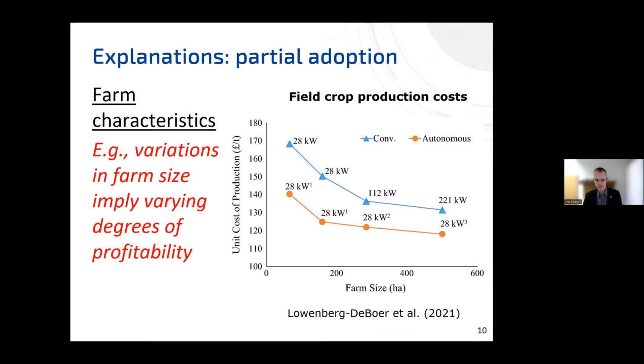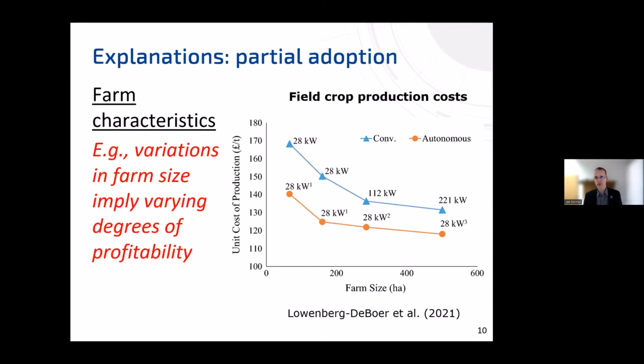This is an example from a study done in the UK, looking at the production costs of field crop production using conventional and autonomous technologies. You see here that the unit costs of production decrease as the farm size increases, and also the relationship between the costs for conventional and autonomous equipment changes depending on farm size.